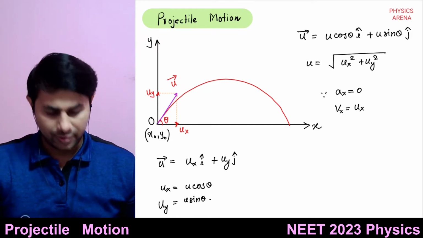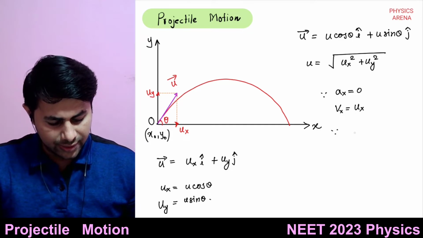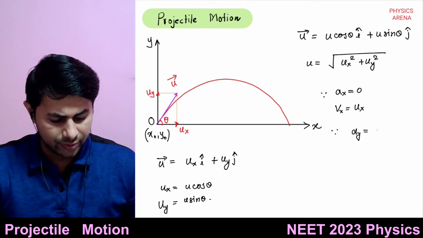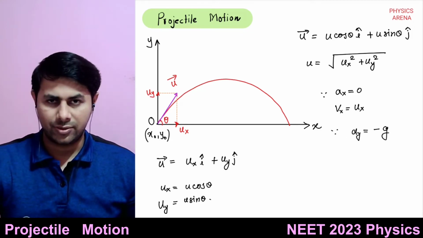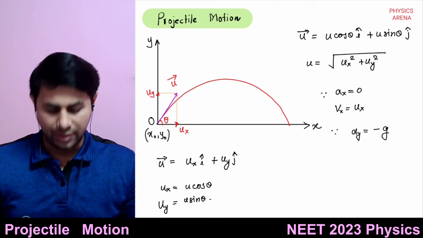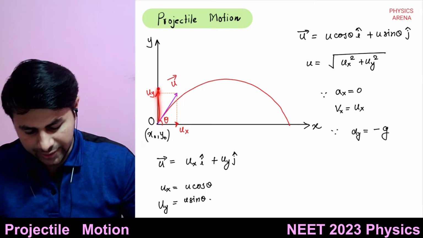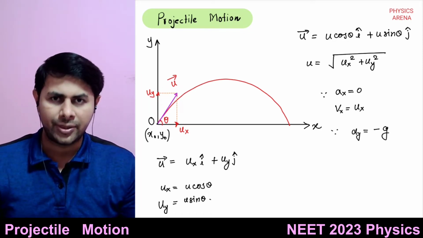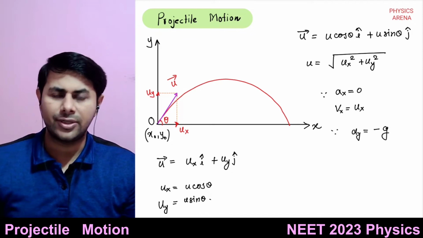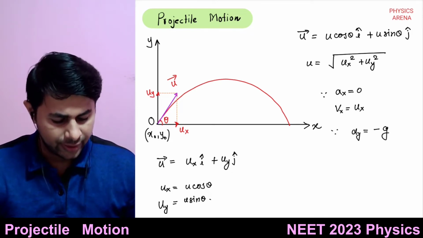Yes, sir. Okay, and since ay is equal to minus g, acceleration due to gravity, but we are considering vertically upwards as positive. Acceleration due to gravity acts vertically downwards, so it is negative, right?